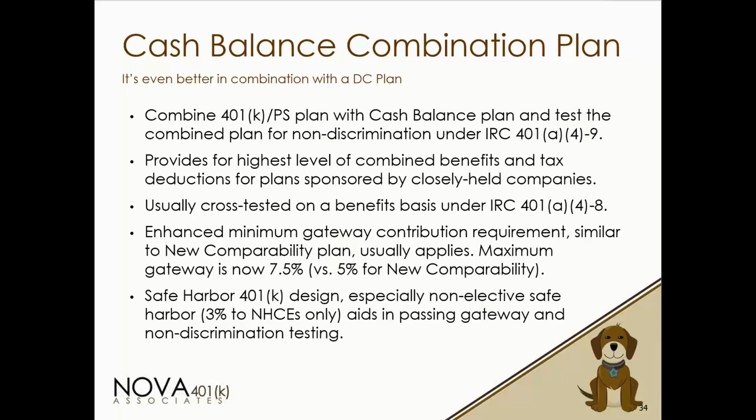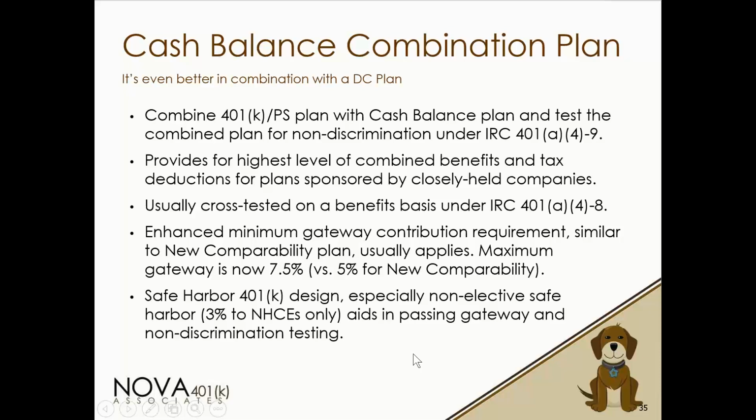Usually cross-tested on a benefits basis. Enhanced minimum gateway, the minimum goes up to 7.5% now. And then we combine that with the safe harbor 401k plan design, especially non-elective safe harbor, 3% to non-highly compensated only, which aids in passing the gateway and non-discrimination testing.